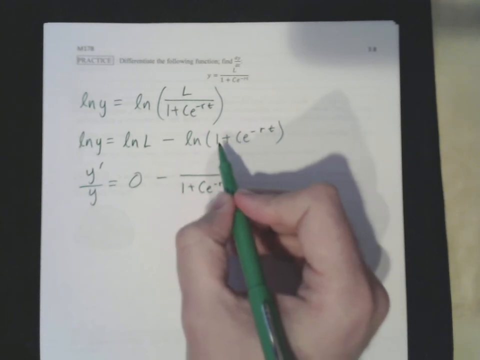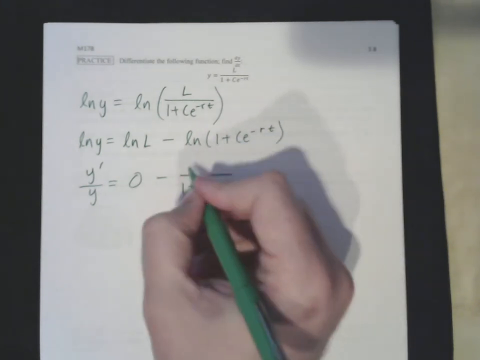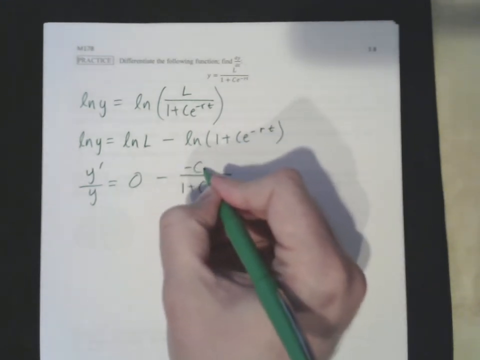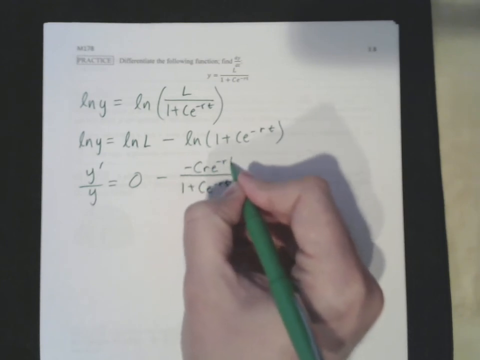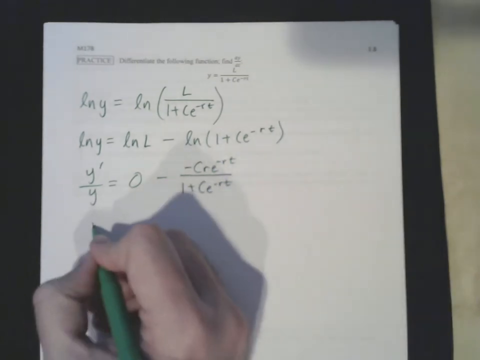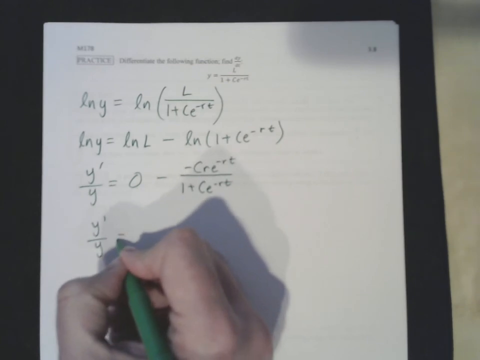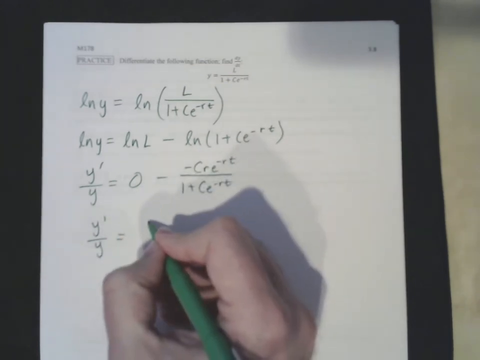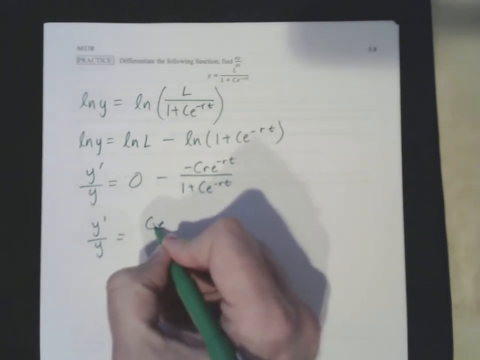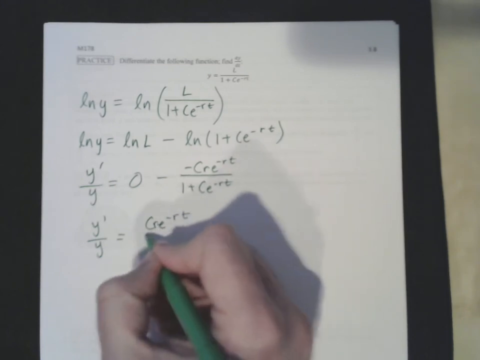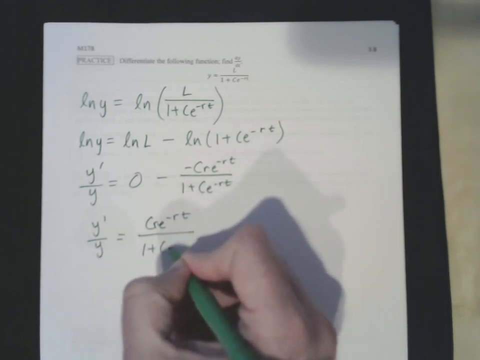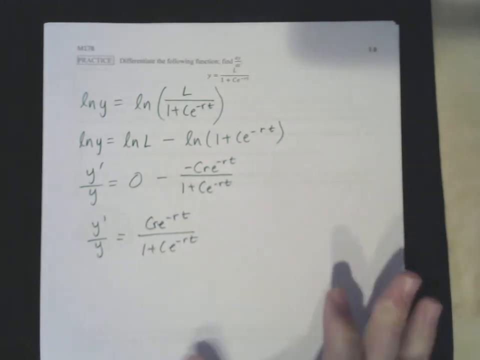And this is going to be the derivative of the inner, so it's going to be negative Cre to the negative rt. And so y prime over y, simplifying a little bit here to make our lives easier, is Cre to the negative rt over 1 plus Ce to the negative rt.